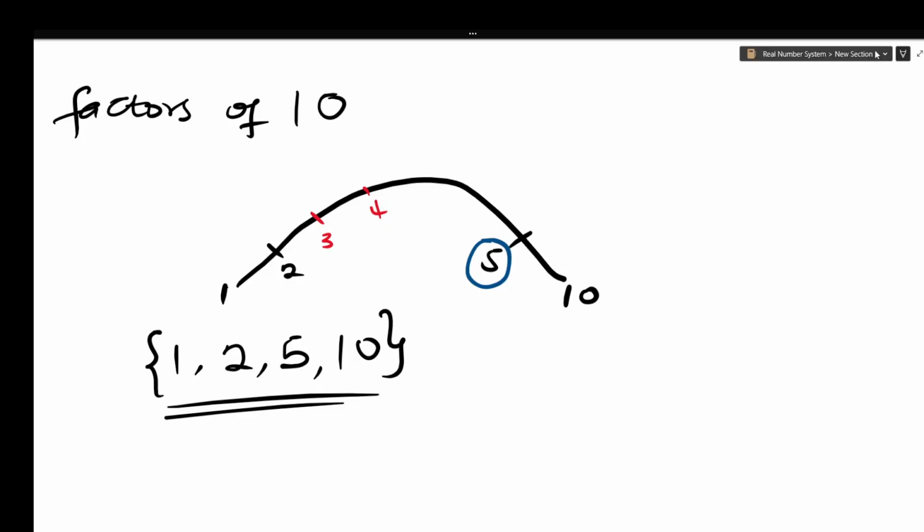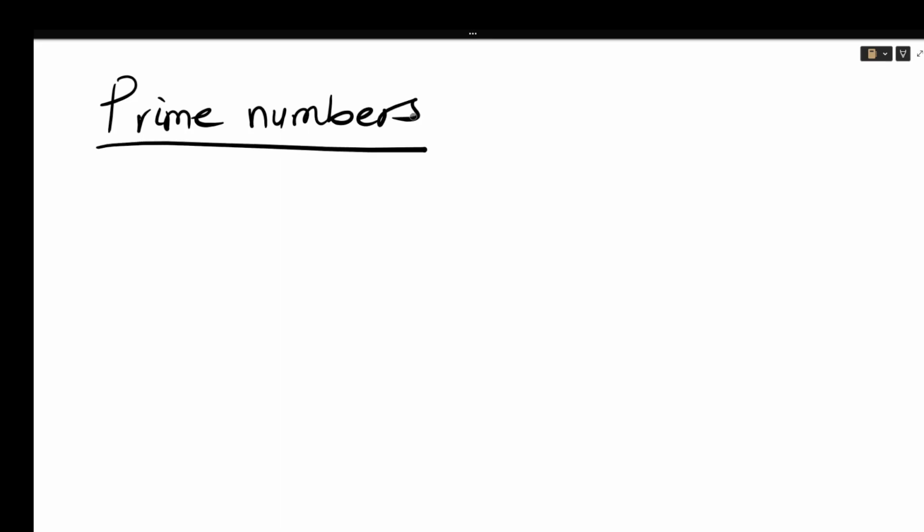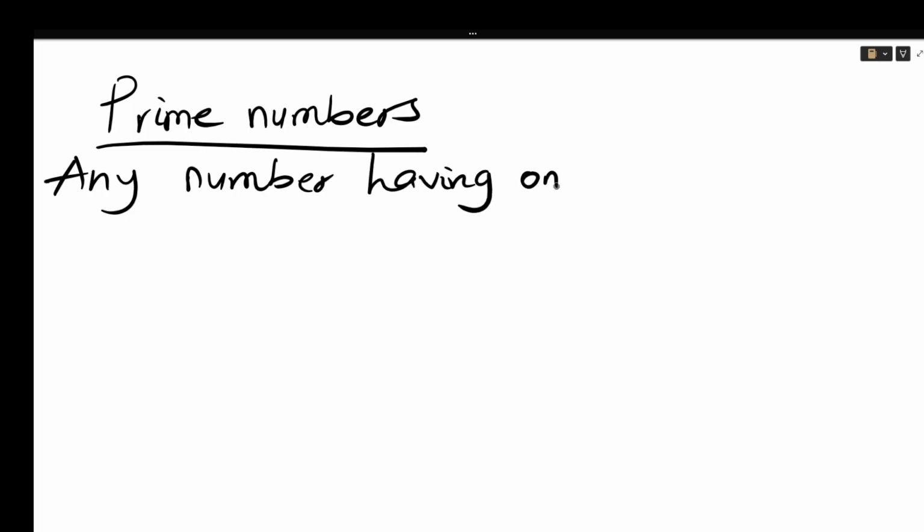Now let's proceed to what prime numbers are. I believe most of you have heard of this term, prime numbers. When we say a prime number, it's any number having only two factors.